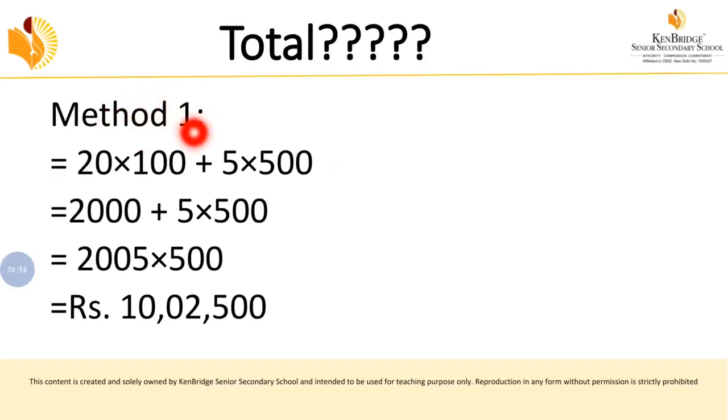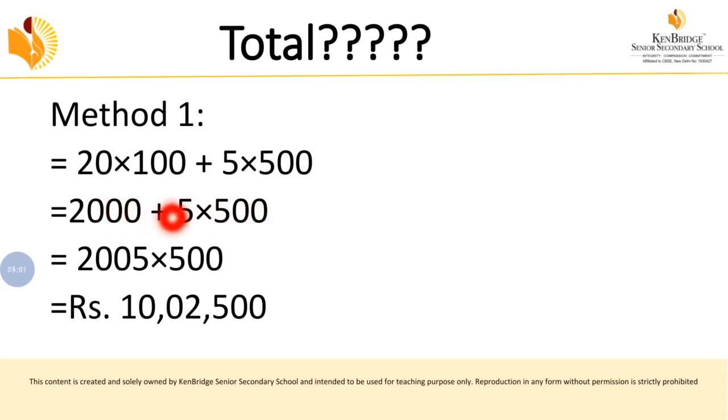Here I have method 1. In three methods we are going to find out the total. In method 1 we multiply the number of 100 rupee notes by 100 and the number of 500 rupee notes by 500. So 20 into 100 will be 2000, and 5 into 500 we didn't change anything, simply we have written the same.